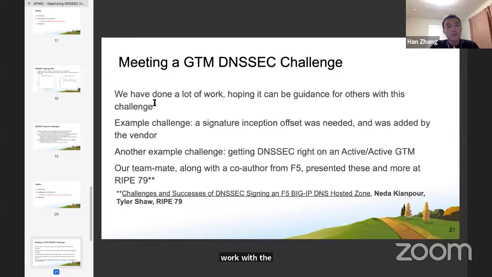Another example is we have the leaf zones on two F5 GTMs in two data centers. It's kind of deploying DNSSEC in active mode, so some configurations need to be changed between these two F5 GTMs, and there were some problems doing this.